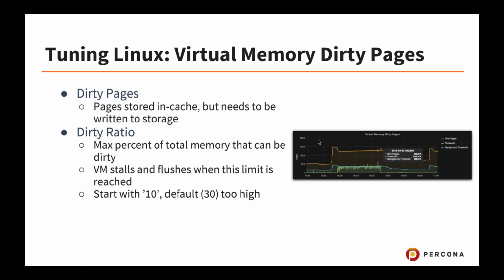But also there are some other ratios called the dirty ratio and the dirty background ratio. And 30% can be a bit too high on really high memory servers, because 30% of, let's say, 100 gigs of RAM is 30 gigs. And I would rather have that dedicated to WiredTiger or the file system cache than dirty pages, and just make sure that Linux cleans those up faster.